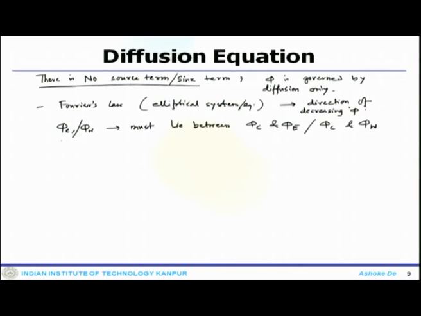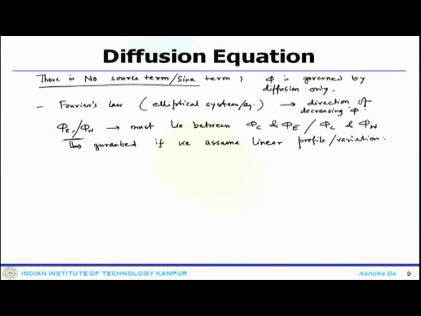But this variation is sort of guaranteed if we assume linear variation or linear profile. That is what has been approximated, and we can guarantee that.